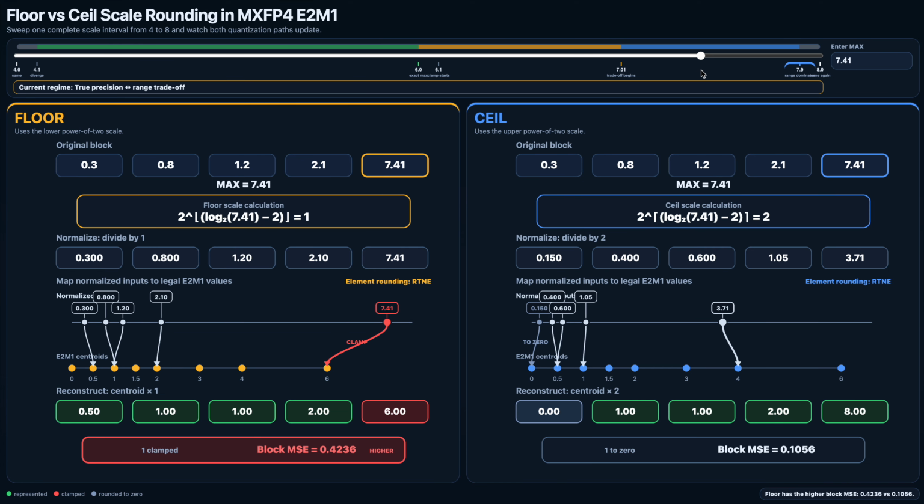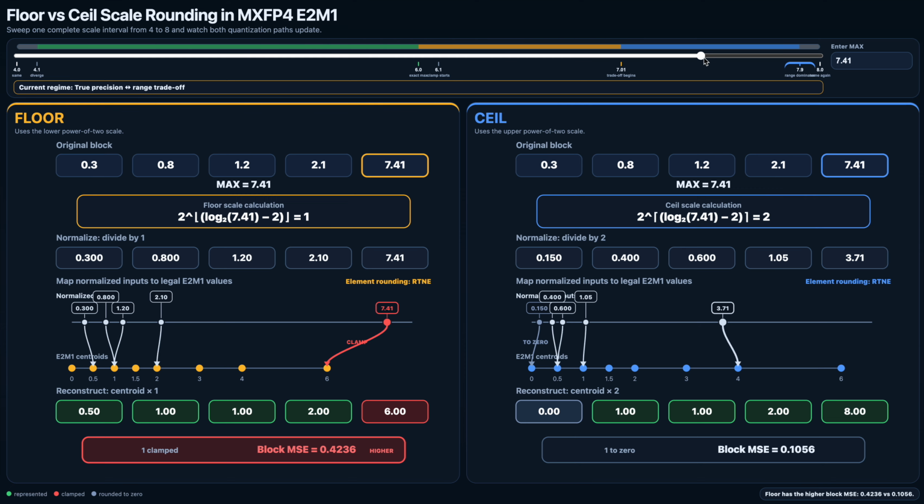On the blue region, on the other hand, you see there is a clamping on the floor scheme. So 7.4 becomes 6, and you have a very high error on the floor. And on the right side, on the ceiling, you have an underflow, 0. But your block MSE is still reasonable compared to the left, the floor scheme.